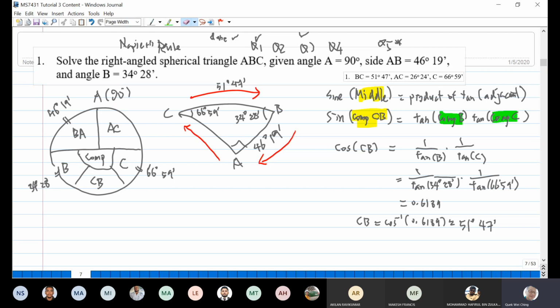So AC is the yellow part. So I can use the tangent again. I use the green part, since I have just now used the green part. I use this again. So beta bar the AC. So I can erase this now.